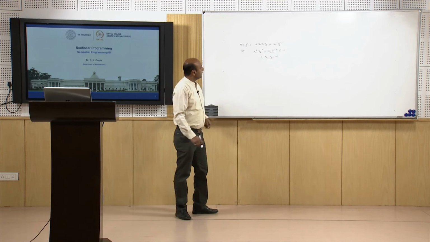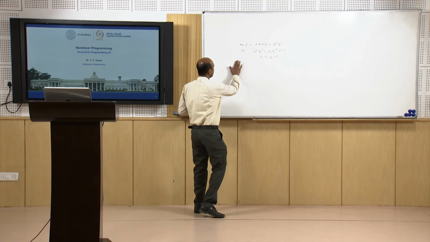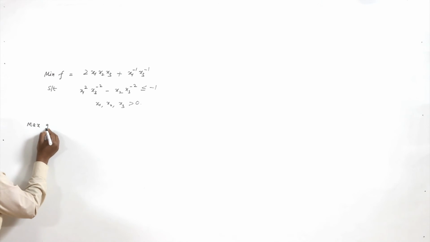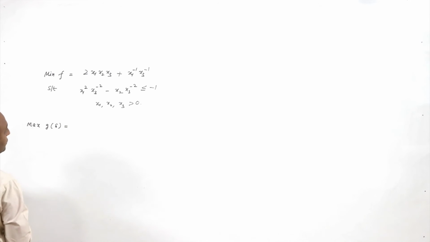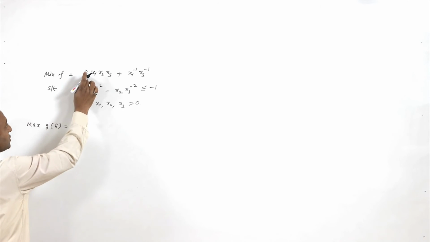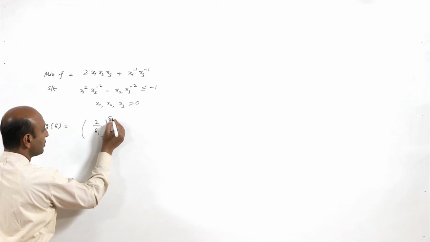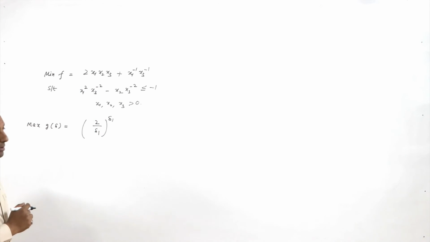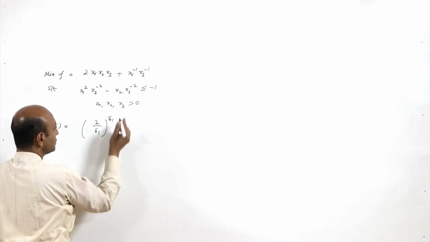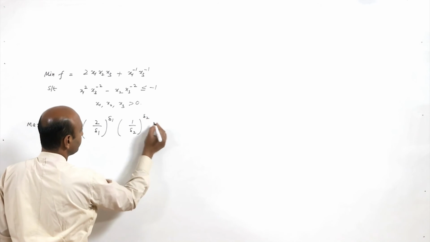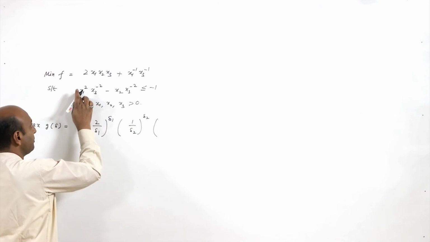So, the degree of difficulty is 0, that means a unique solution. Okay. Now, how to solve it? So, we find maximum of G delta, which is equal to, the first coefficient is 2. So, it is 2 upon delta 1 whole raised to power delta 1, it is positive. So, we take plus delta 1. Now, it is also a positive 1. So, it is 1 upon delta 2 raised to delta 2. The third term is again a positive coefficient.